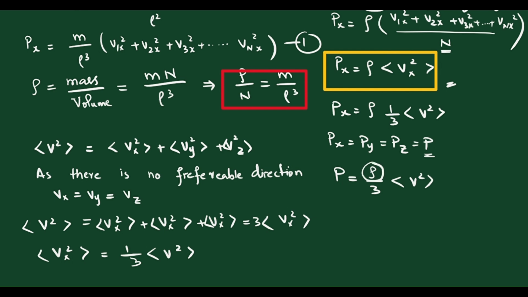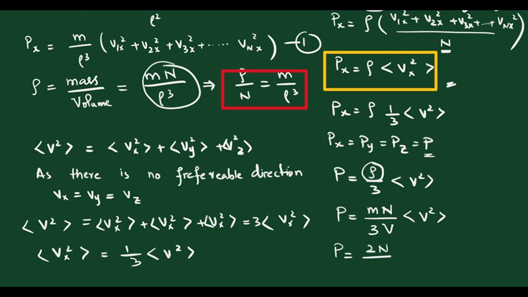The density is also equal to, as we found, mN over L cube. We plug this value again. The P is equal to mN over L cube, where L cube is the volume, into v square average. We rearrange this equation by multiplying by 2 and dividing by 2: P is equal to 2N divided by 3V, times 1 by 2 m v square.